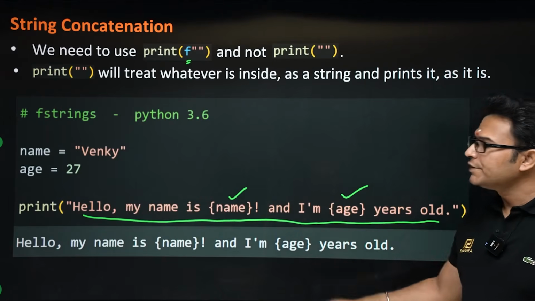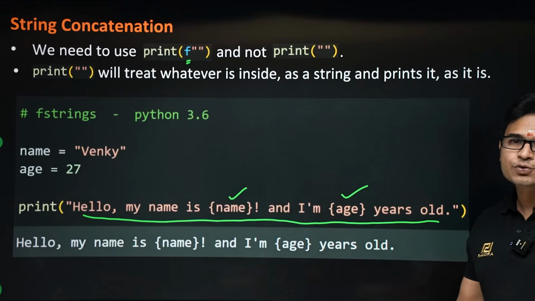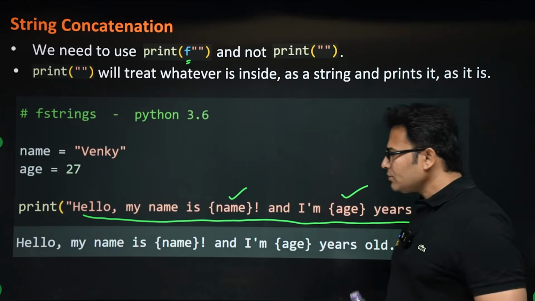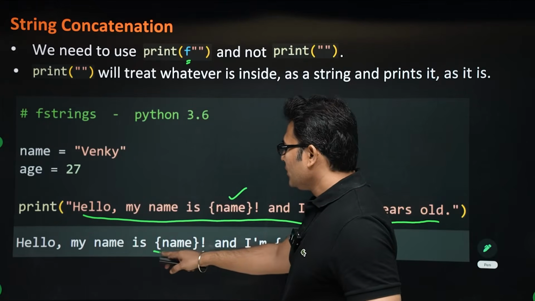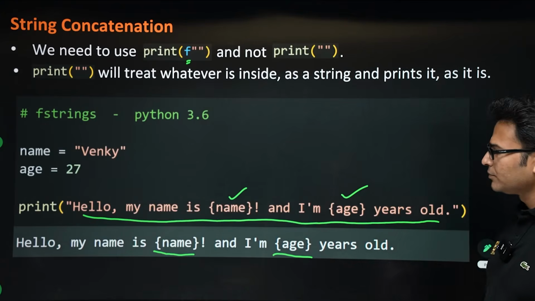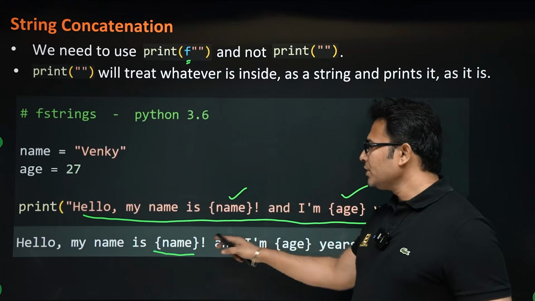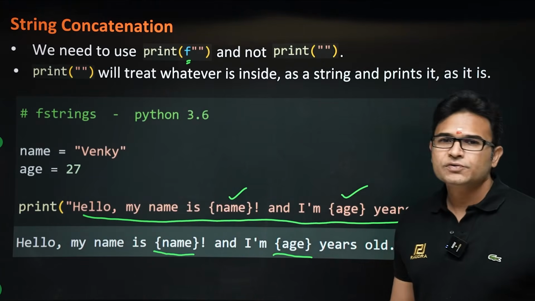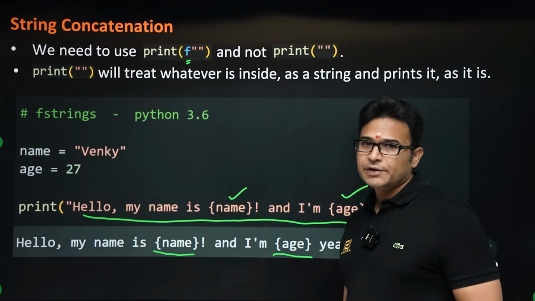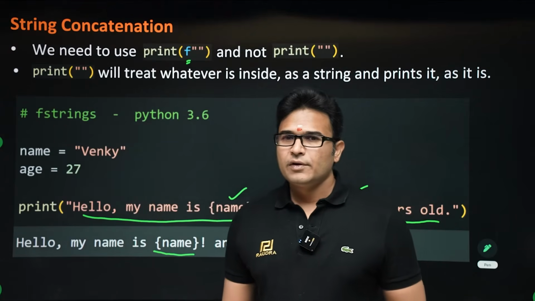Both of them will be treated as strings, not as variables. Their names themselves will be used, not the values. So you will get the output as name and age instead of the values Venki and 27. Why? Because we are not using an F string. That is the use of F strings. This is a very important interview question: why are F strings used? They will definitely ask you.